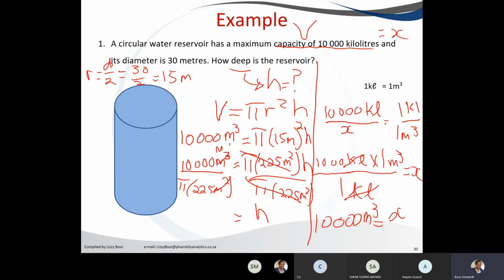And we can also divide 10,000. Okay, we can also solve what is at the bottom first.